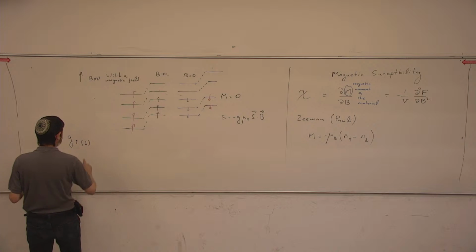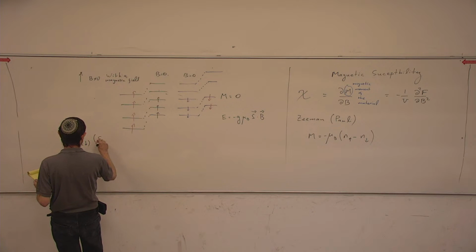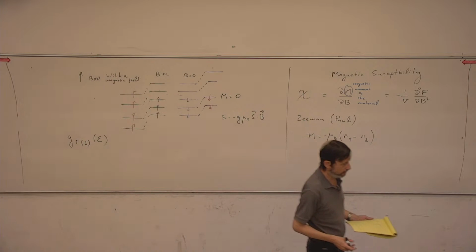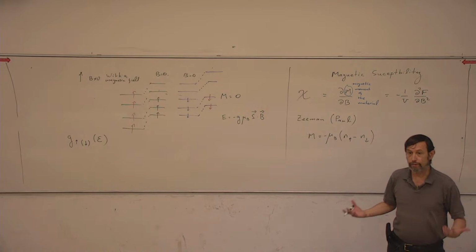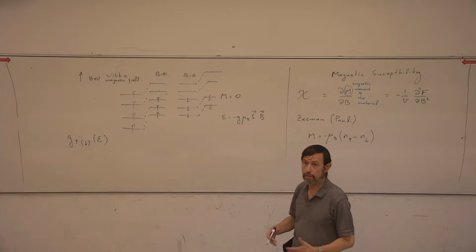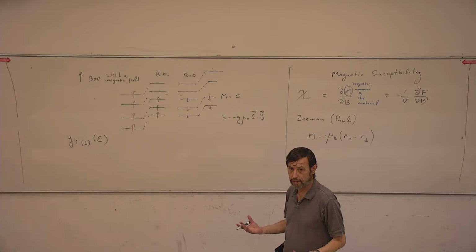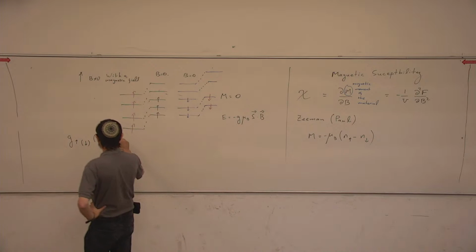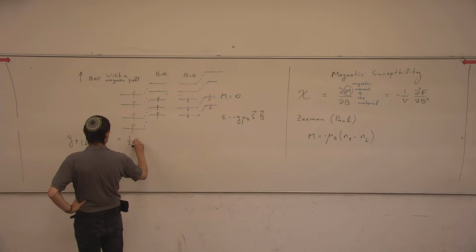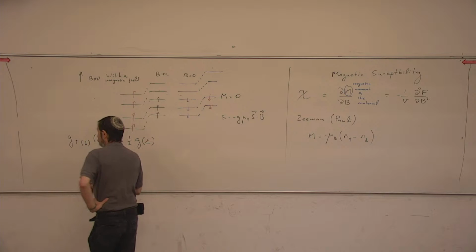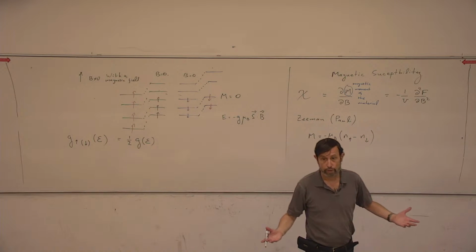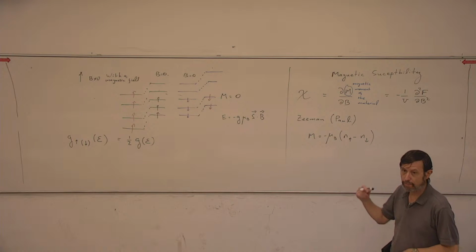Okay, so instead of writing down the number of states, the density of states at a given energy, I can write down the density of states for each spin direction, which will be just half, because each state there could be either populated by a spin up or a spin down.